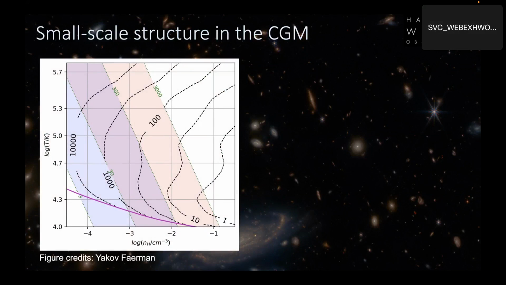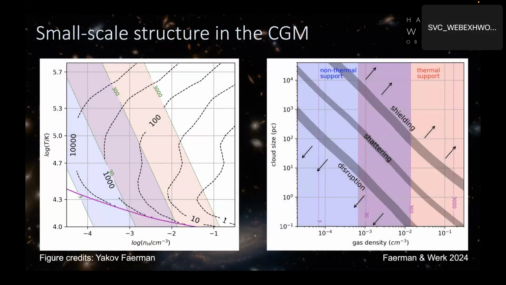This is just to show the temperature and density dependence of cloud size under this shattering regime. The contours show the cloud sizes. Just changing the orientation here, we can highlight different regimes of cloud cooling as a function of the gas density and predict the cloud size those would produce.